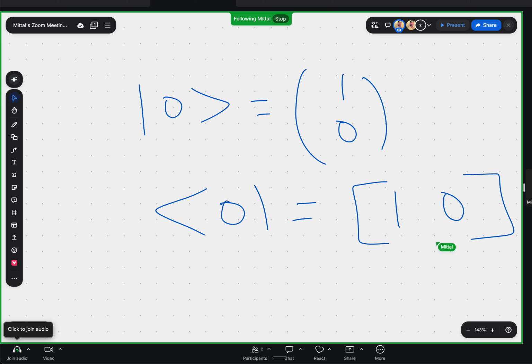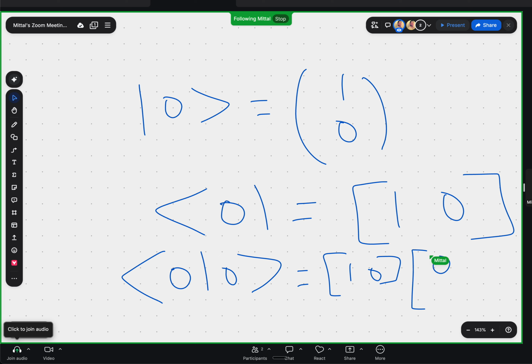So if I was to do bra 0, ket 0 like this, what this would basically mean is that I now have the row vector 1, 0 multiplied by the column vector 1, 0. And you can see this is then basically just equal to 1.